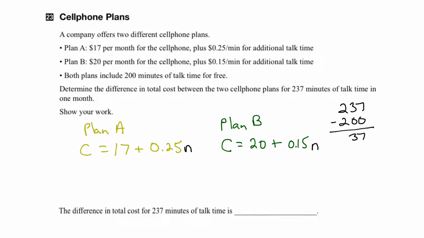So for Plan A, C would be $17 plus 0.25 times 37. And for Plan B, the total cost would be 20 plus 0.15 times 37.